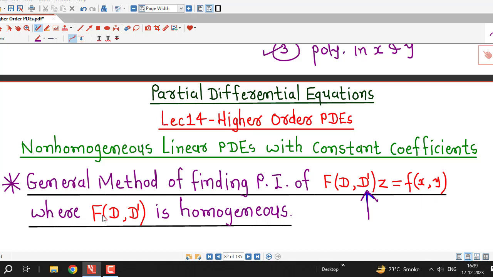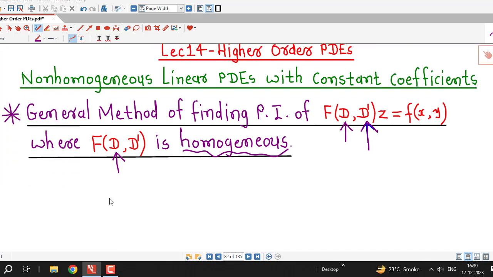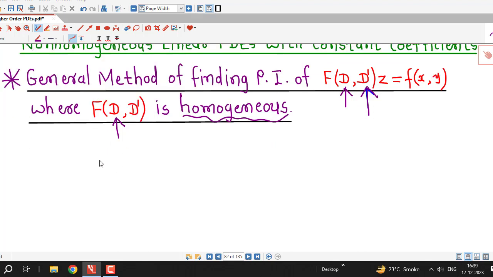And here also we have one restriction, that this method is applicable if this function F(D, D') is a homogeneous function of D and D'. So we are going to discuss that general method for finding particular integral, with the assumption that F(D, D') is a homogeneous function of D and D'.